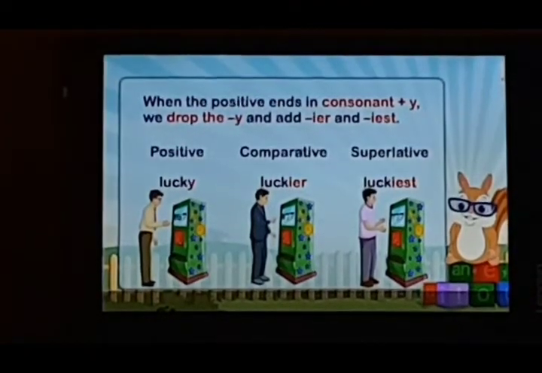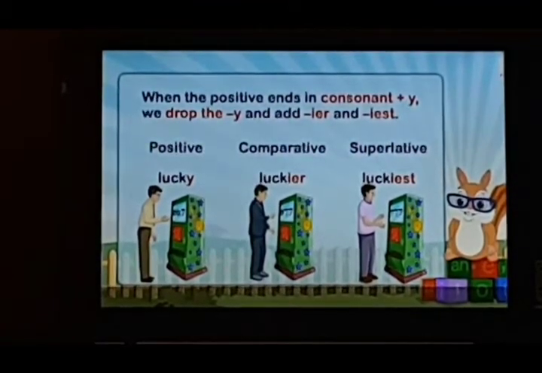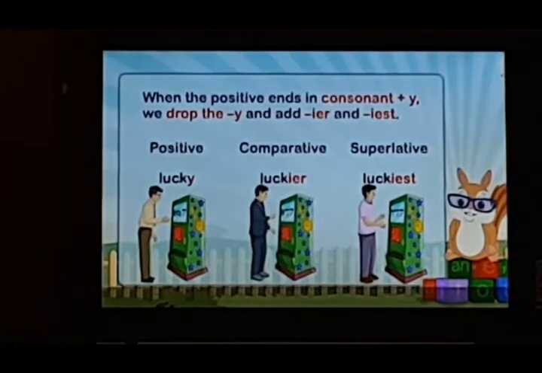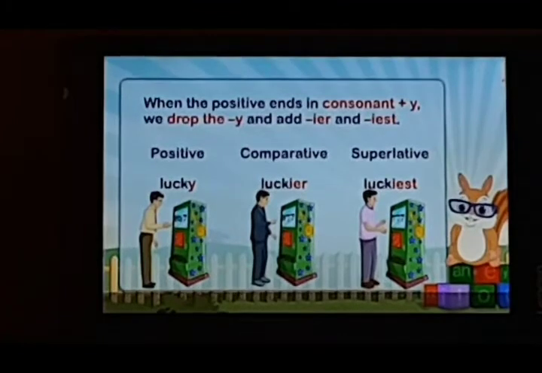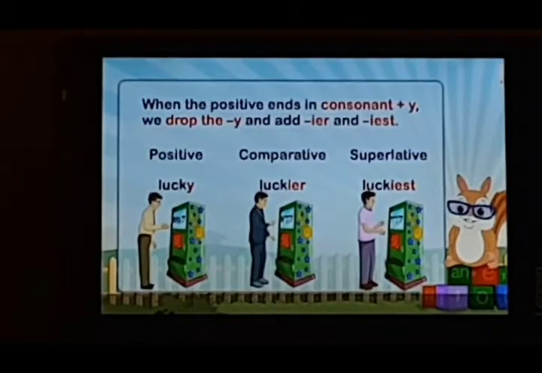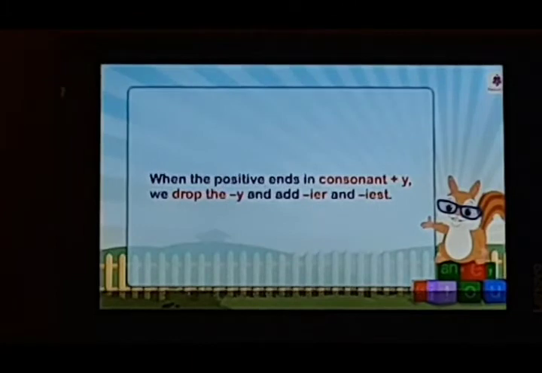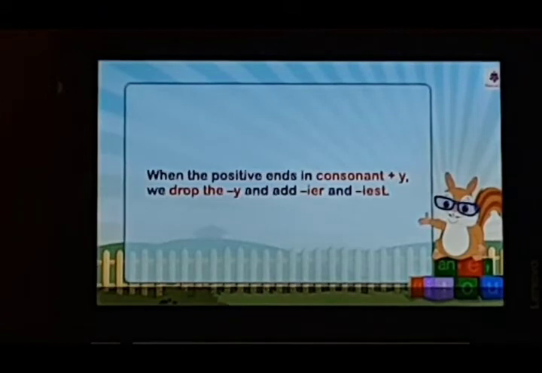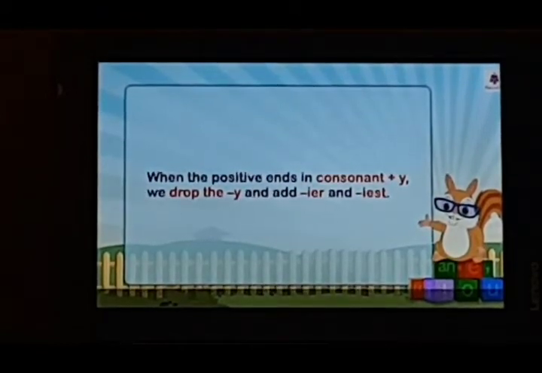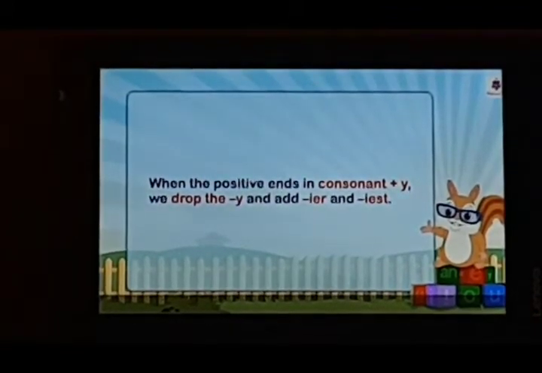Like for example, see the word lucky. K is a consonant here, and after that we have Y. So the comparative degree becomes luckier. Y is not used. Instead of that Y we use IER, and for superlative degree we use IEST. But then there are words where, instead of a consonant, we have a vowel, like in the word gay, G-A-Y, gay means happy, joyful.